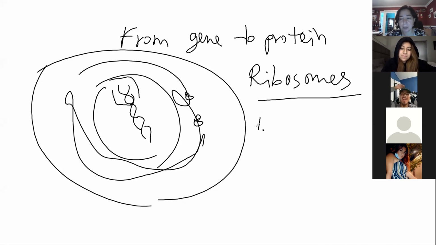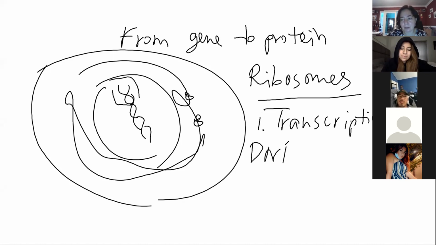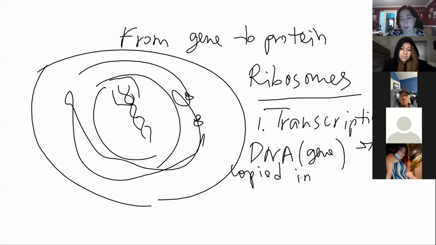And the first step in protein synthesis is called transcription. In transcription, the gene wakes up, and then the DNA gene is copied into an RNA molecule.